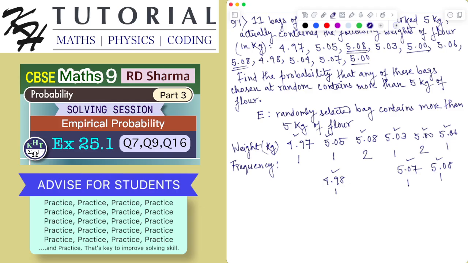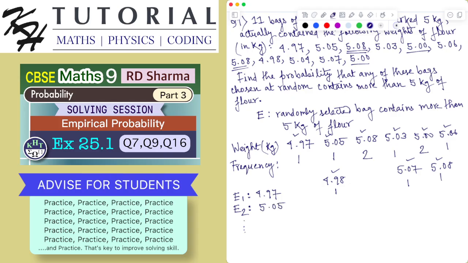So let's say I am naming the event E1 to be the fact that a randomly selected bag contains wheat flour of weight 4.97. Similarly, I am naming the event E2 as a randomly selected bag containing wheat flour of weight 5.05.